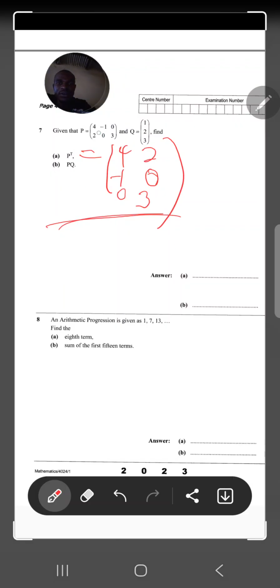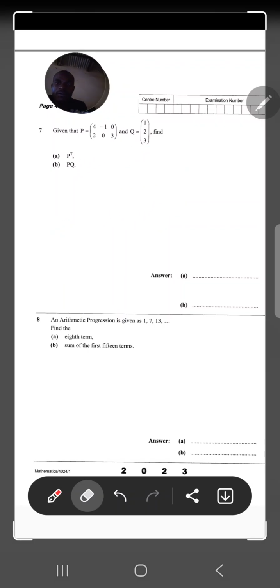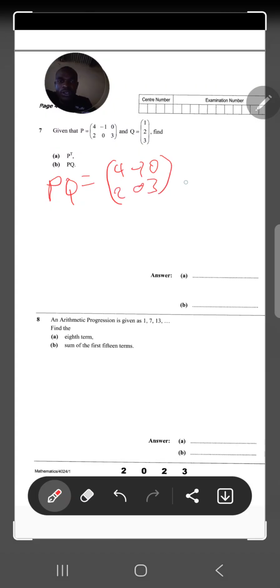PQ just means that we are going to multiply P times Q. For the sake of space, allow me to rub this part so that we can do it. PQ is going to be equal to 4, -1, 0, 2, 0, 3 multiplied by Q, which is 1, 2, 3.